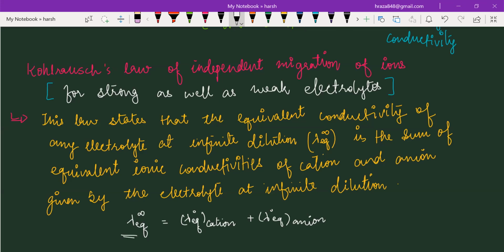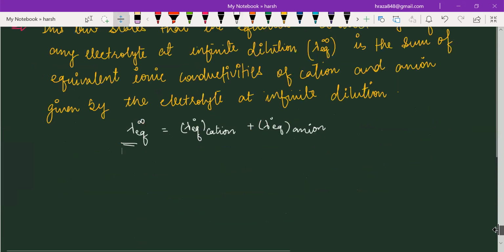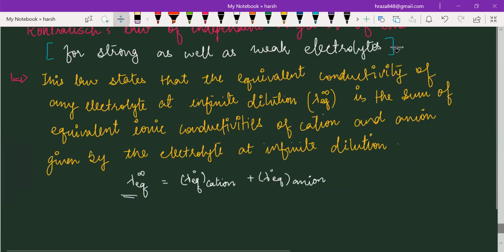The molar equivalent conductivity of an electrolyte at infinite dilution will be equal to the sum of the equivalent conductivity of cation and anion. Are you getting my point? If you have an electrolyte, are you done with this statement? Yes, sir.